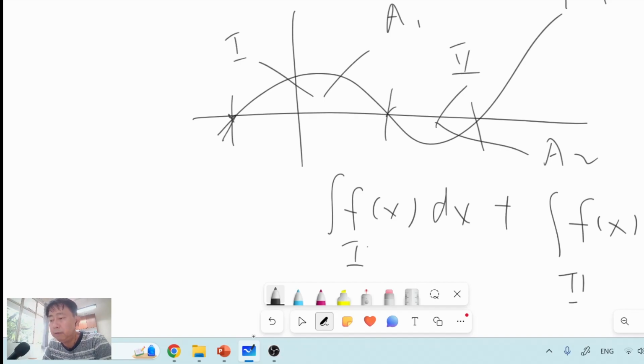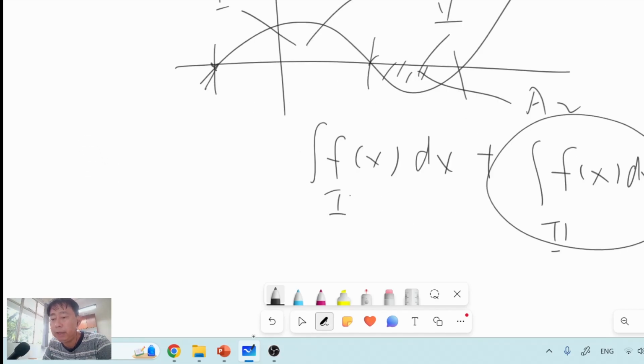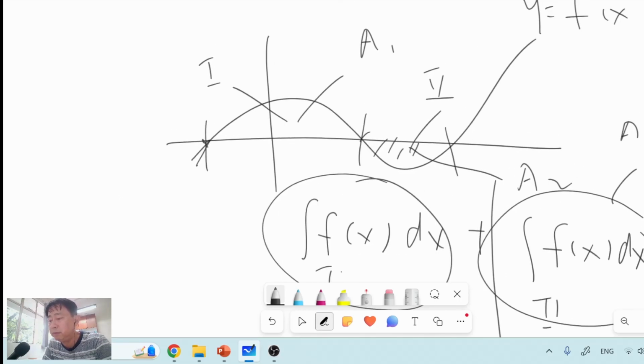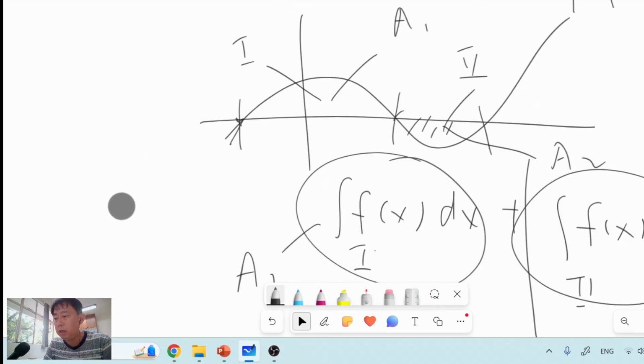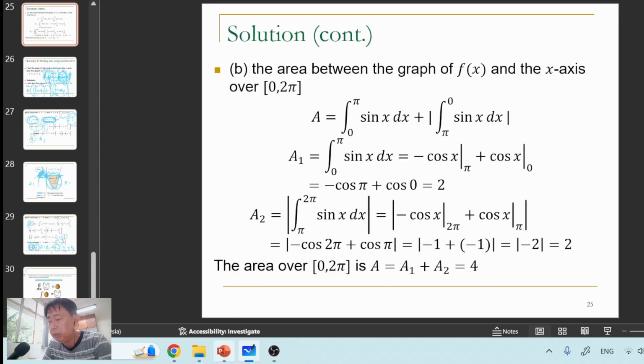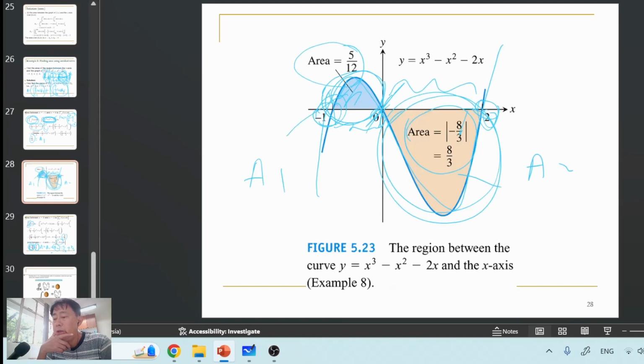Here the function is negative in region 2. Therefore, the area of A2 is equal to the absolute value of the integration in region 2, whereas for region 1 where the function is positive, the area is just equal to the integration without the absolute sign. So that is how we deal with questions of calculating the area enclosed by the function and the x-axis.